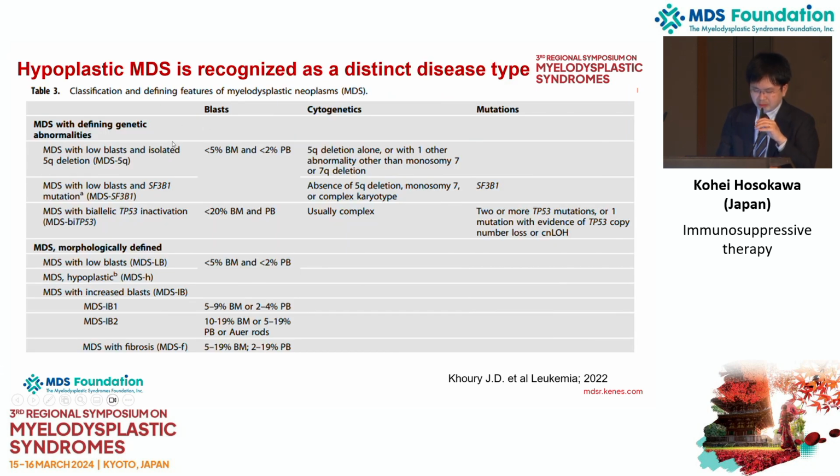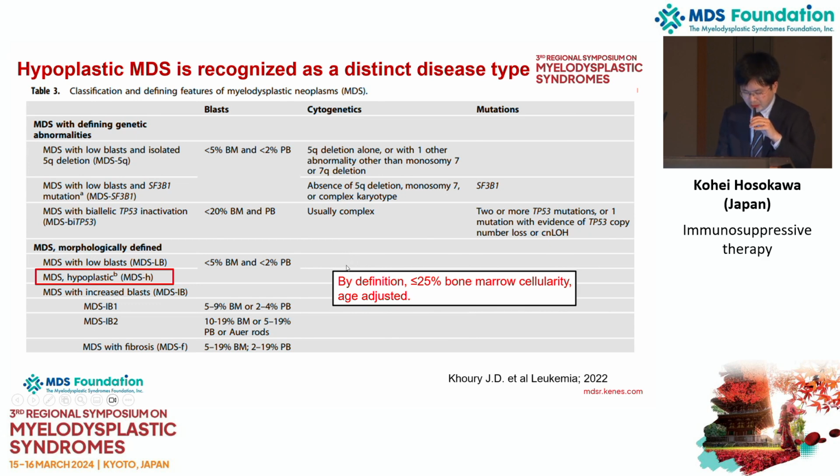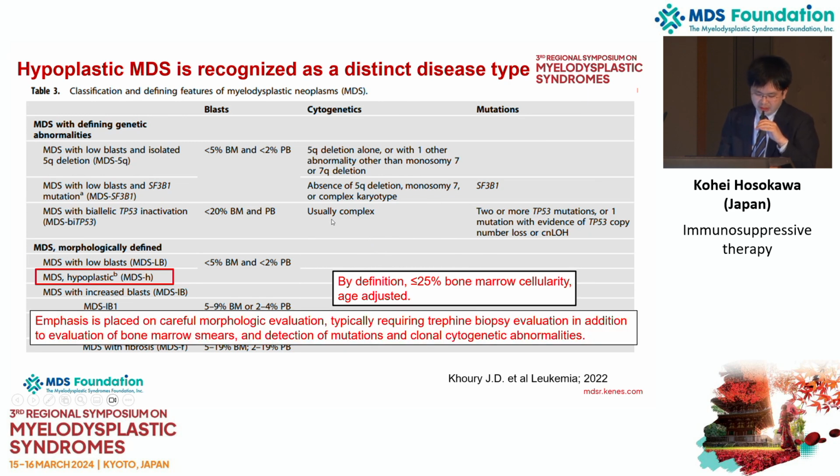As you saw in this morning's session, hypoplastic MDS is recognized as a distinct disease type in the 5th WHO classification, as a morphologically defined disease type. By definition, bone marrow cellularity of less than 25% age-adjusted is defined. However, the emphasis is placed on careful morphological evaluation, typically requiring a biopsy evaluation in addition to bone marrow smears, and detection of mutations or clonal cytogenetic abnormalities is also important.